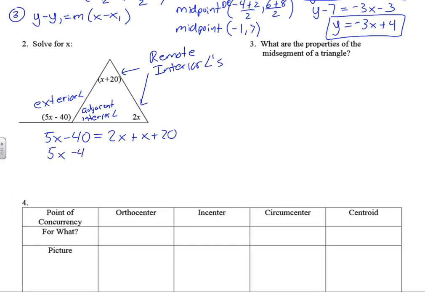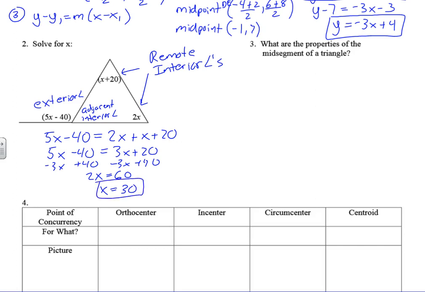And now it's just an algebra question once we recognize that relationship. So we would subtract 3x, add 40, and that would give us 2x equals 60, so x would be 30.